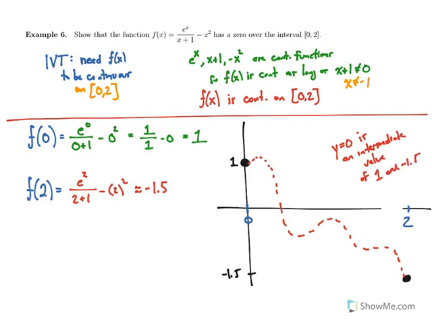So therefore, I don't know what this function looks like, but it has to cross the x-axis at some point. Maybe it's somewhere else other than what I drew, but that means that there is going to be a 0.